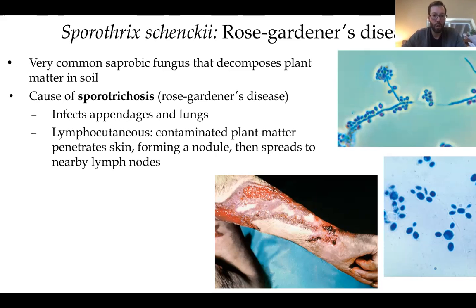It's lymphocutaneous, meaning it can penetrate the skin and then spread to the lymph nodes. Once it spreads to the lymph nodes, now we have a bigger problem, right? Because again, your lymphatic system is important for immune regulation.